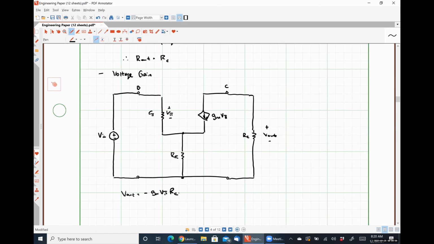Anybody got any problems with that? The negative sign comes from the fact that the current GM V pi is flowing into the negative polarity terminal of that resistor RC, and then I just multiply that current times RC to get the voltage drop over that resistor, which is my output voltage.